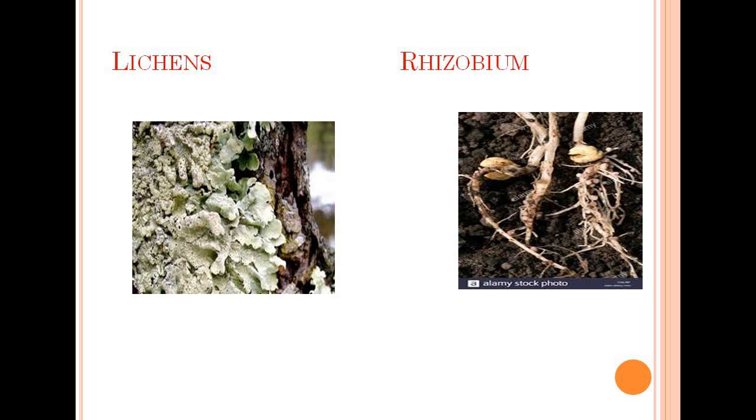The alga provides nutrients to the fungus, and the fungus helps the algae to grow in harsh conditions and places where they would otherwise not survive. So in this example, both the organisms are benefiting each other.